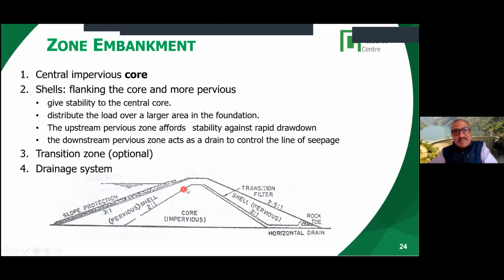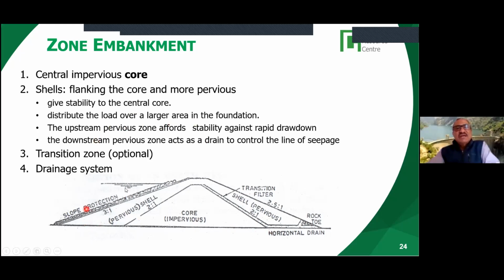Just on the outside of this core layer, slightly pervious means a little bit more seepage infiltration occurs. So it gives stability to the central core because there is some water pressure on the core material. It also distributes the load over a larger area in the foundation.